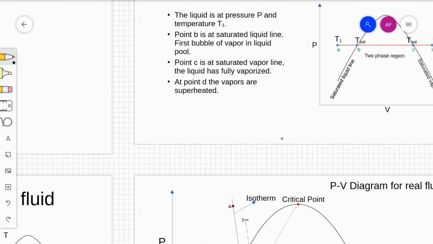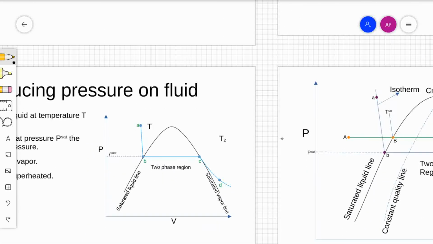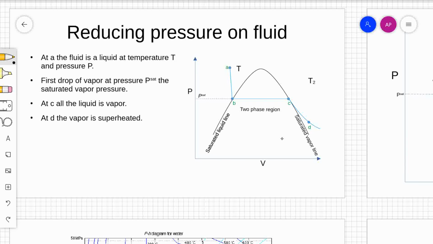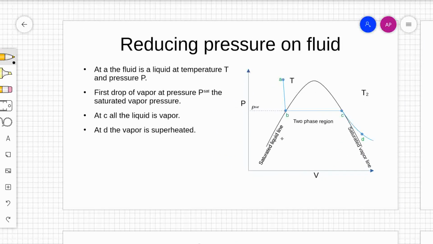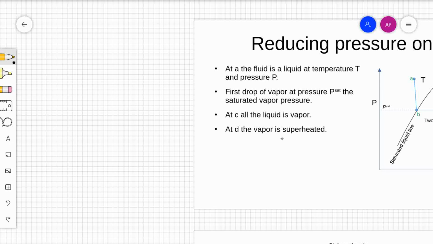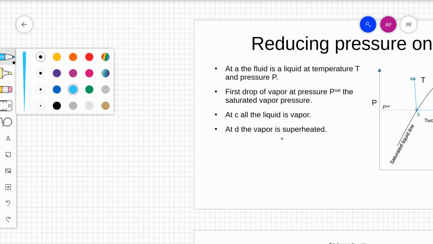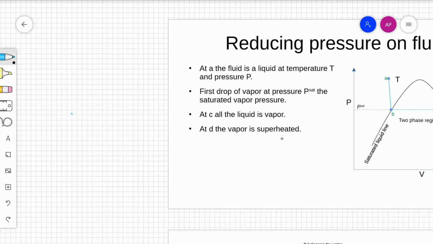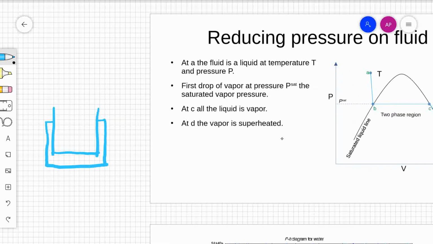Now let's look at another diagram, and let's do a thought experiment. What we do here is, we take liquid, and we maintain it in a water bath to start with.